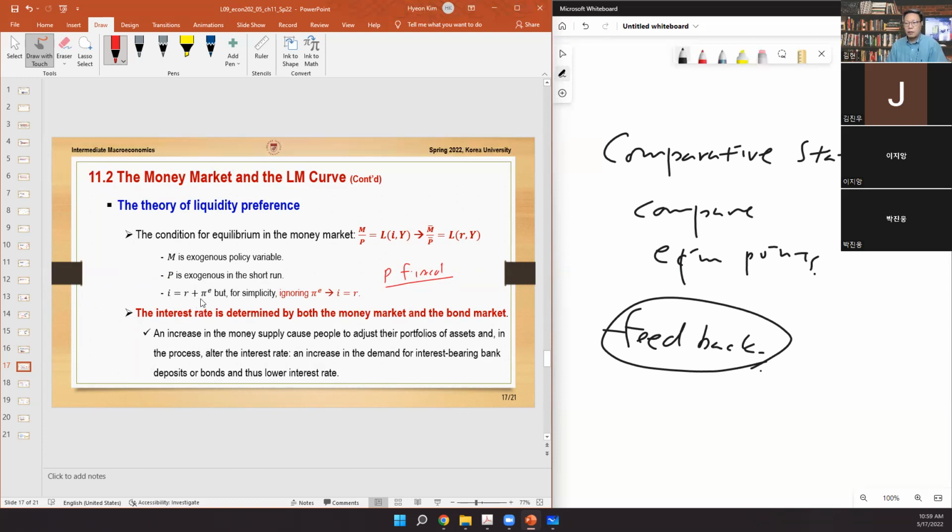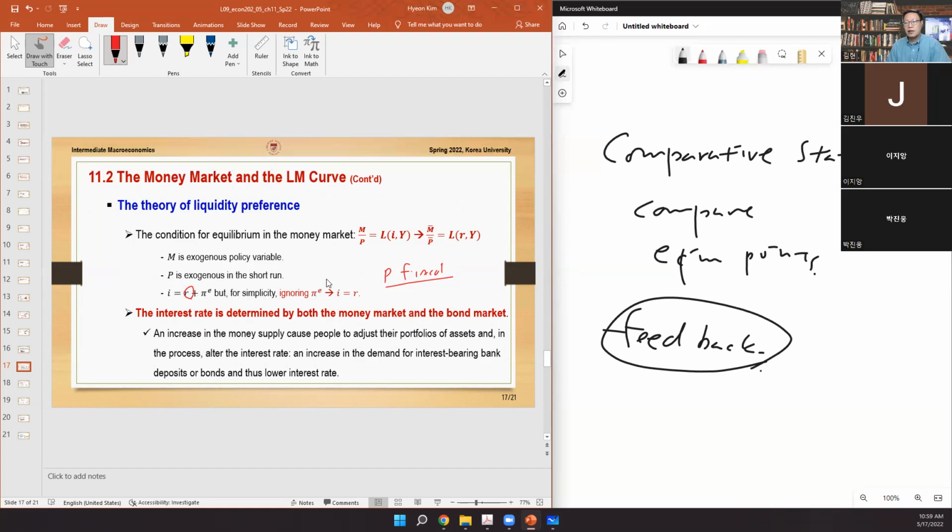And then they also provide the inflation or expected inflation. Since the real interest rate is determined by the loanable funds market under classical economics, they emphasize, in particular for the Fisher equation, the relationship between this nominal interest rate and inflation.